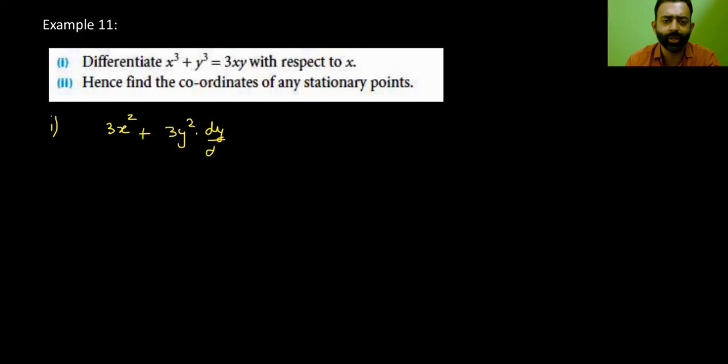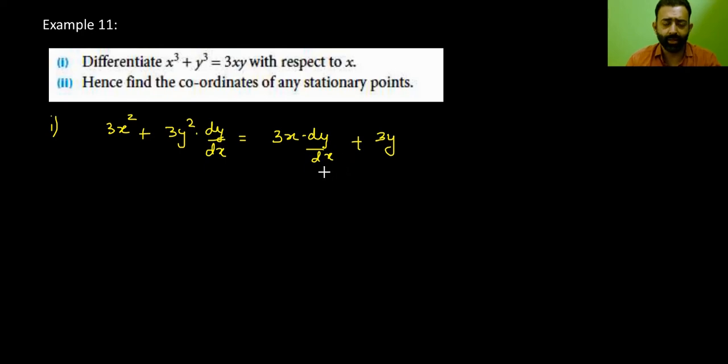Please again do not forget to differentiate y lastly with respect to x. This is equal to 3 times x dy by dx, differentiating y with respect to x, plus keeping 3y constant and differentiating x whose value is 1. So you will get just 3y.